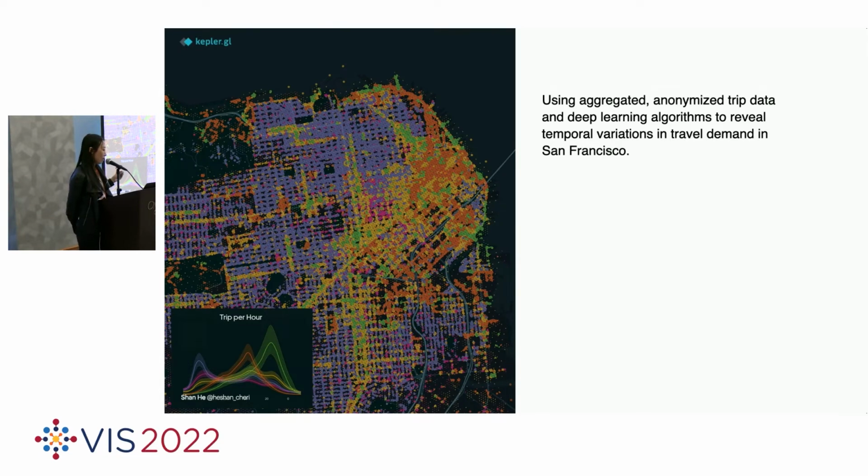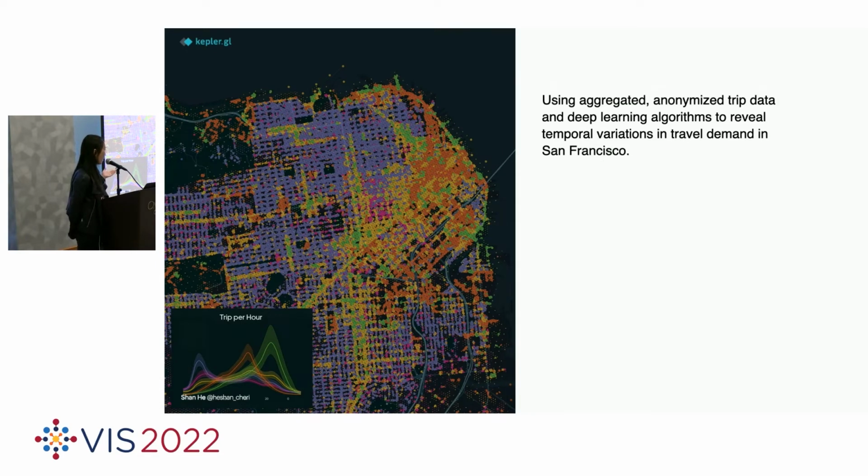So we cluster these cells by whether they have most of the activity around nighttime or in the daytime. After we ran my model to cluster these cells into 5 categories based on their activity, we can actually paint this map of San Francisco.